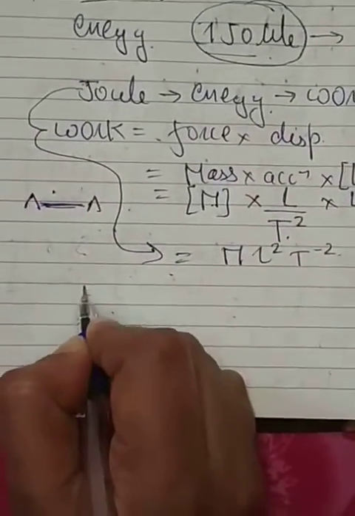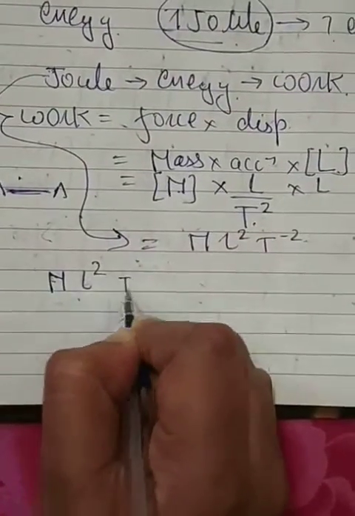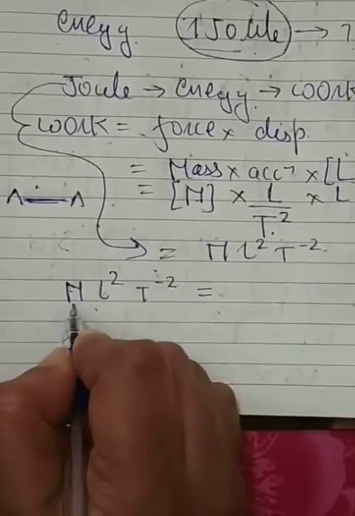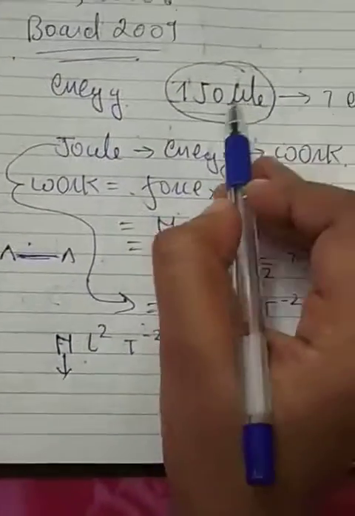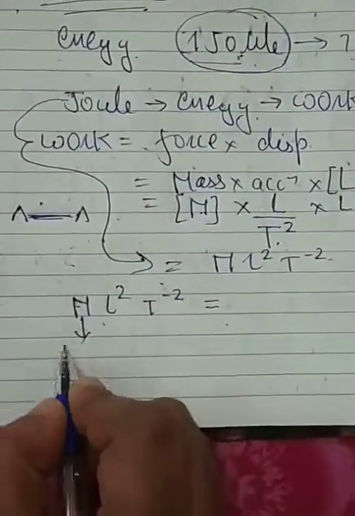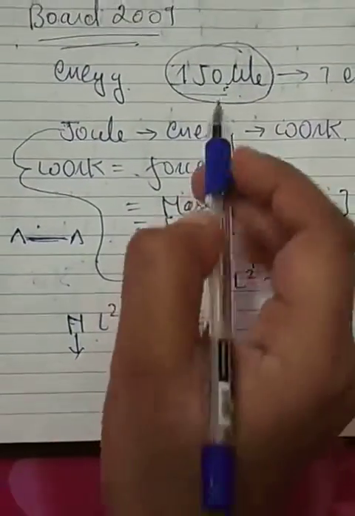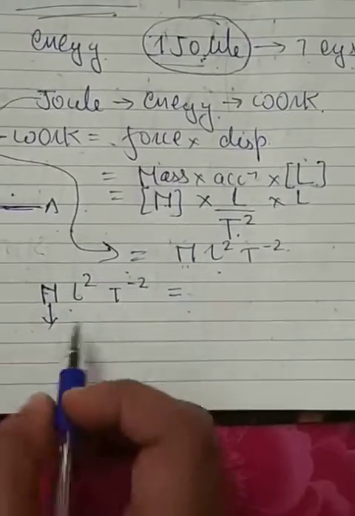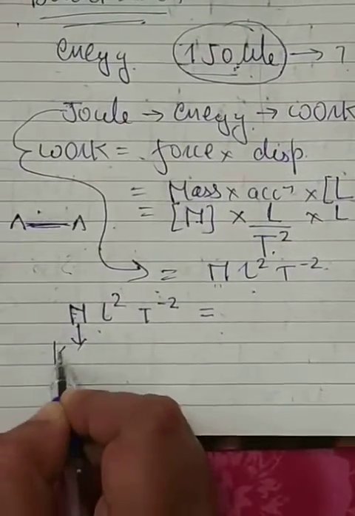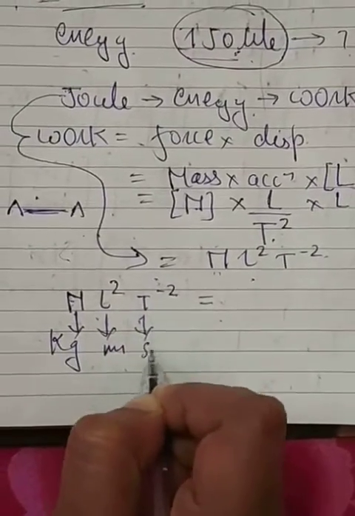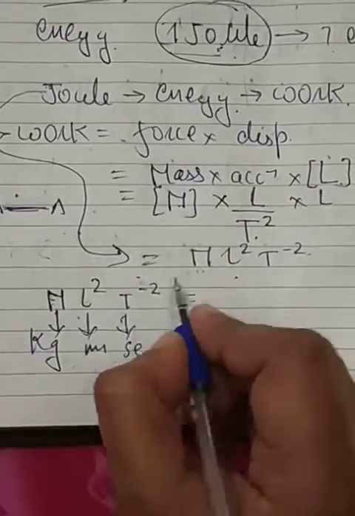Now we find the SI unit. Since joule is in the MKS system, we have to go from the MKS system to the CGS system. In the MKS system, mass is in kg, length in meter, and time in second.